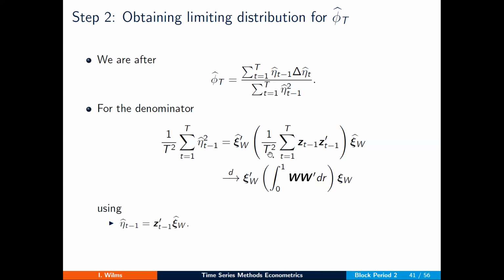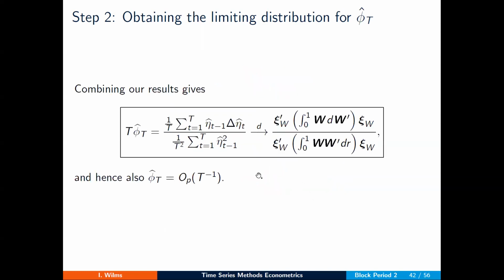Each guy over here needs 1 over root t to recognize a scaled partial sum, and you need an additional 1 over t for the width of the interval. So in total, you need 1 over t squared to arrive at the limiting distribution as displayed on the slide.